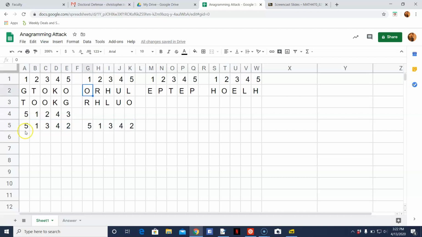Okay, so 1 goes to 5 still, so that's going to be an O. 2 goes to 1, so that's going to be an R. 3 goes to 3, so that's going to be an H. 4 goes to 4, so that's going to be a U. And then 5 goes to 2, so that's going to be an L. All right. Again, doesn't look good.